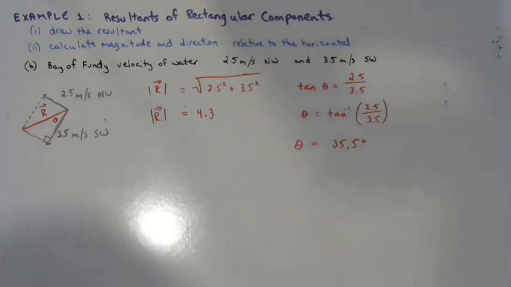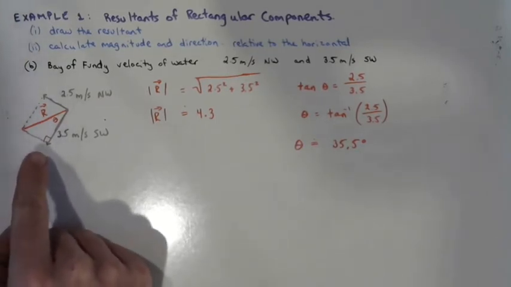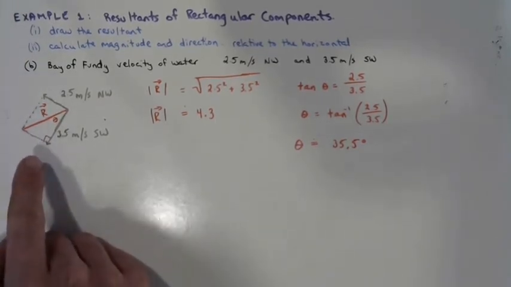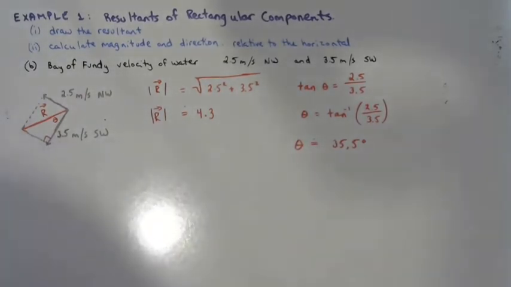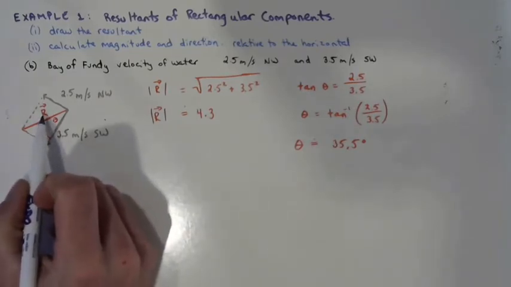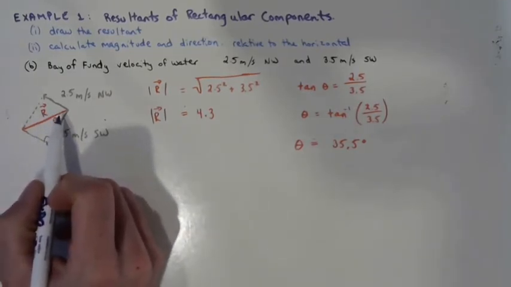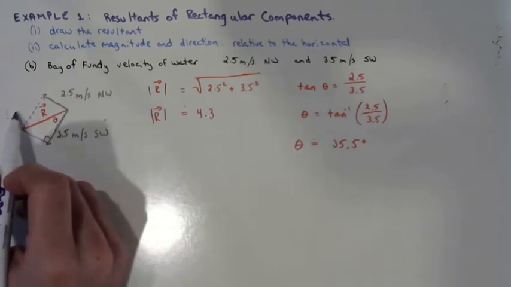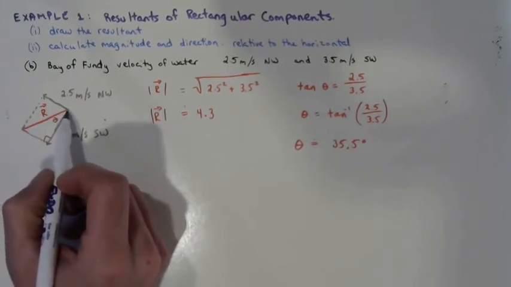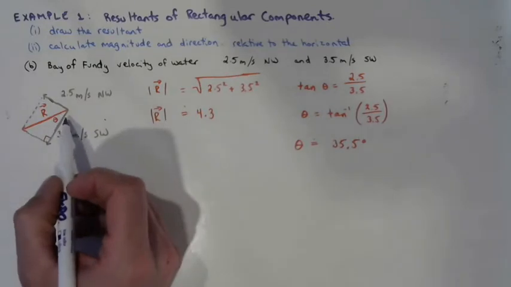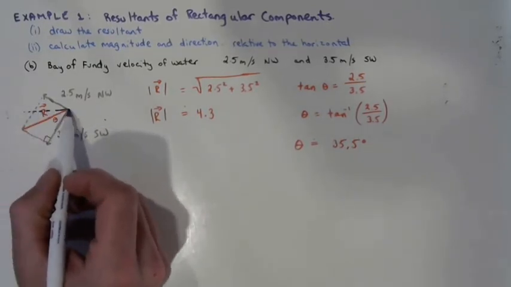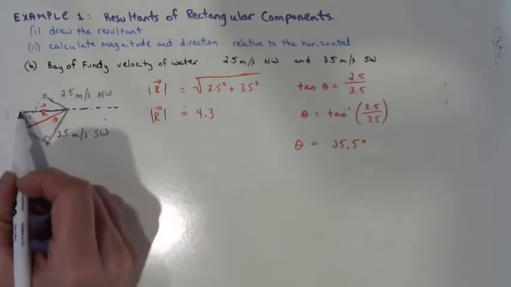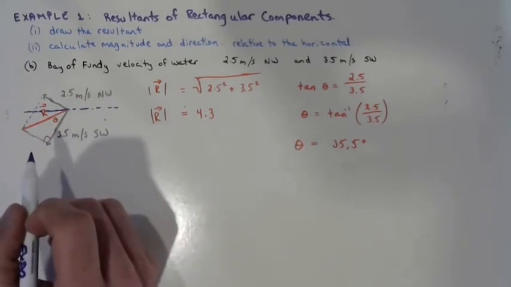Okay, you'll notice that I sneakily changed my diagram to make a little bit more sense. It wasn't super accurate, and I want it to be accurate in order to explain this next step to you. How do we get the direction that R is heading with respect to the horizontal? Well, we don't actually have a horizontal here, but we know that if this is heading northwest and this is heading southwest, then that east-west line, the horizontal, would look something like that, okay?